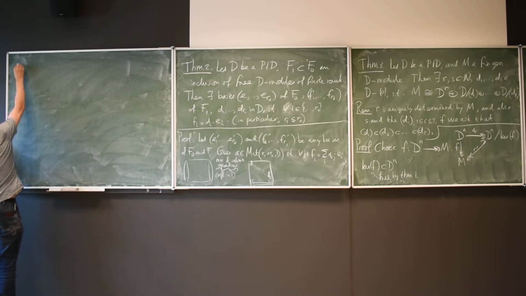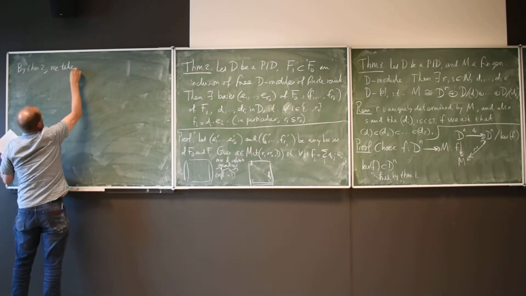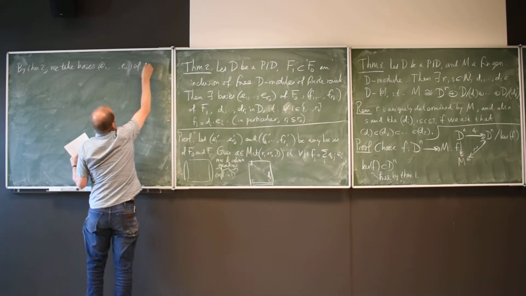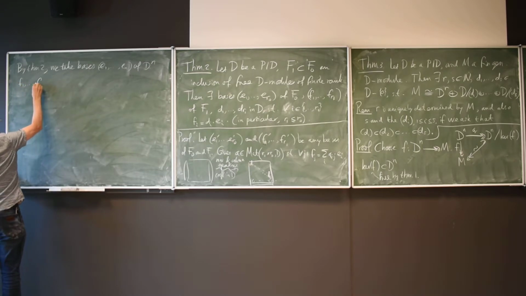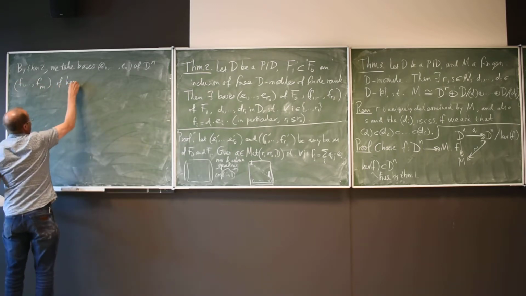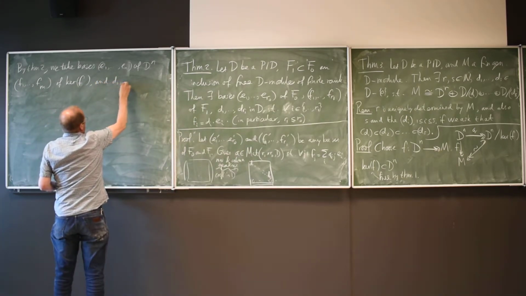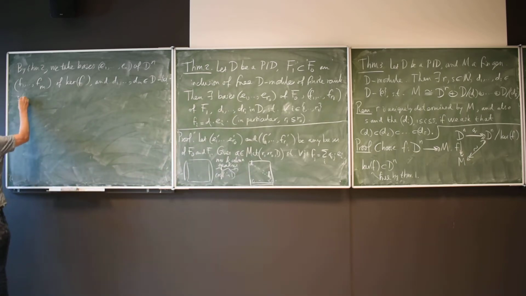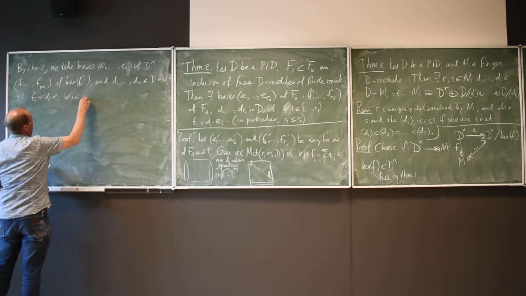So then by theorem 2, we take bases e1 up to en of D^n, so not the standard basis, but a new basis, and say f1 up to fm of the kernel of F, and d1 up to dm in D with 0 removed, such that fi is di times ei for all i in 1 up to m.